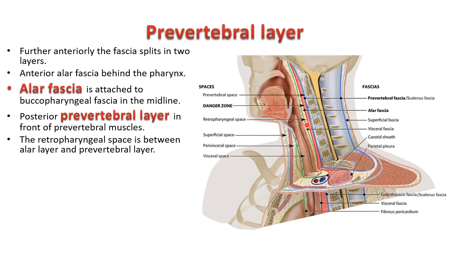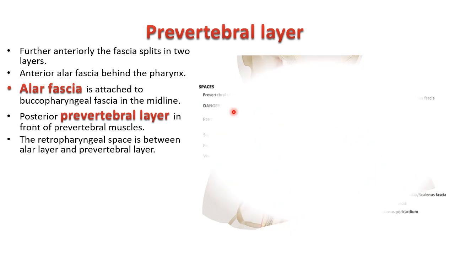Now, again, there are various views. Some authors claim that it is present between the alar and the prevertebral layer, but some authors claim that it is present between the buccopharyngeal fascia and the alar fascia. Okay, and what is present between the alar and the prevertebral layer is called the danger zone. So that we will come to later.